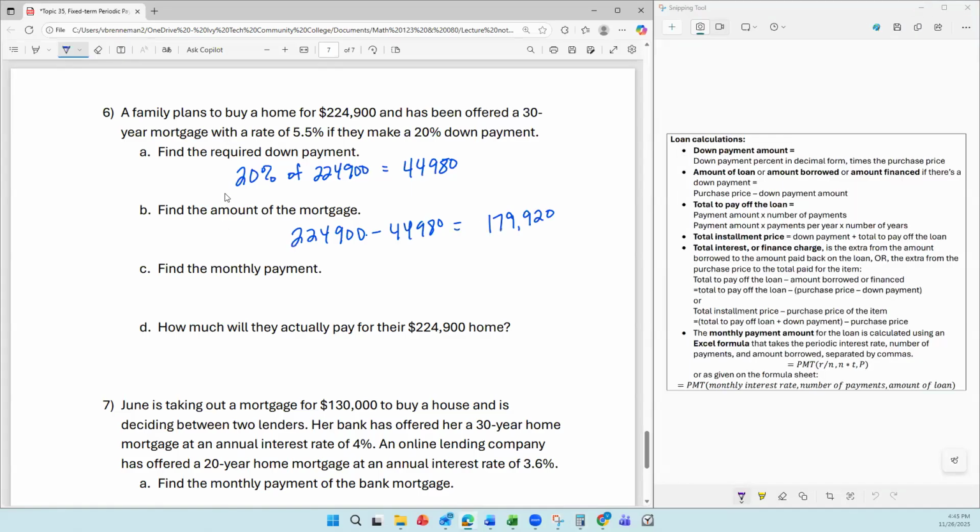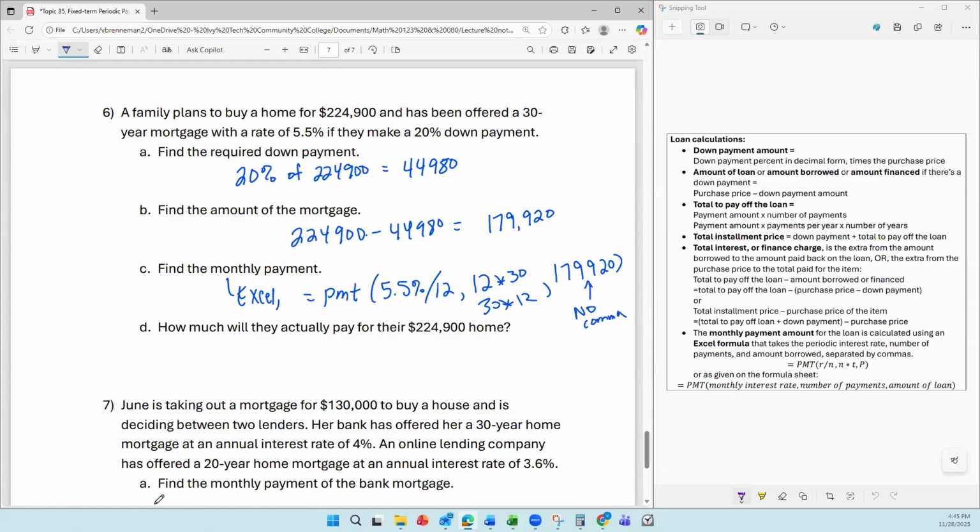For the monthly payment, that's going to be in Excel. It is going to be the equals PMT. We're going to put in the interest rate, 5.5%. It's monthly payments, so divided by 12, comma, it's going to be 12 times 30 or 30 times 12 or 360, comma, and then it's going to be the 179,920. No comma in there.